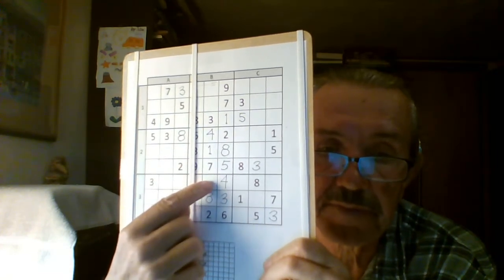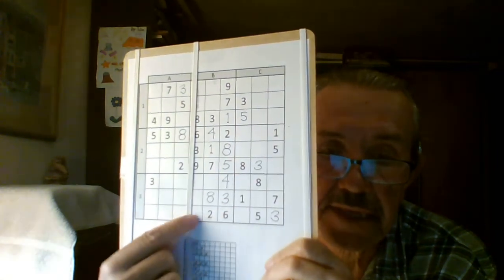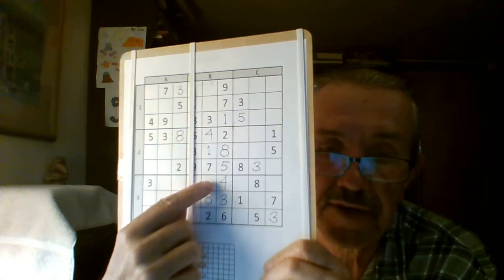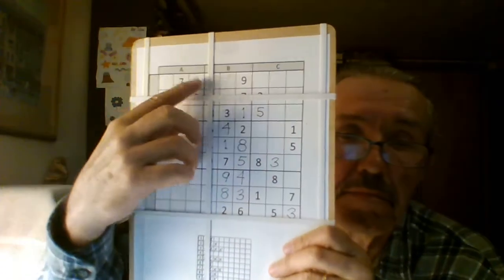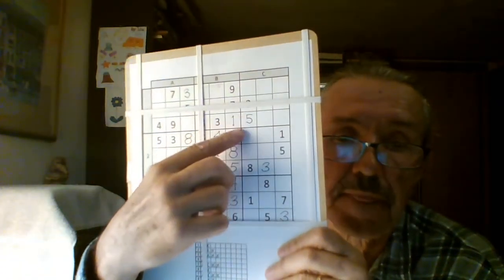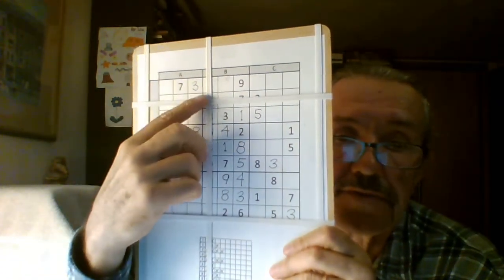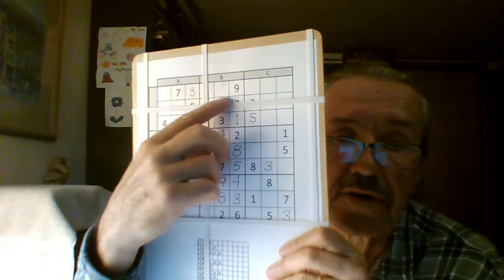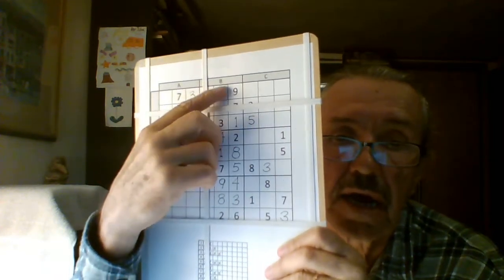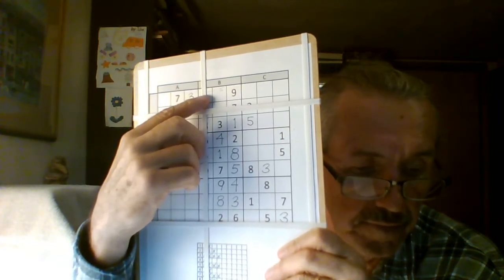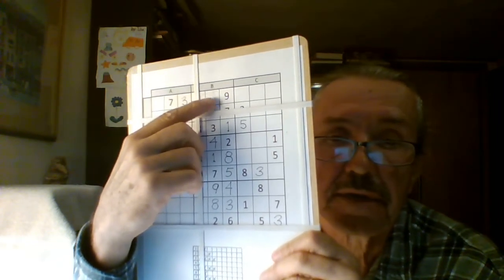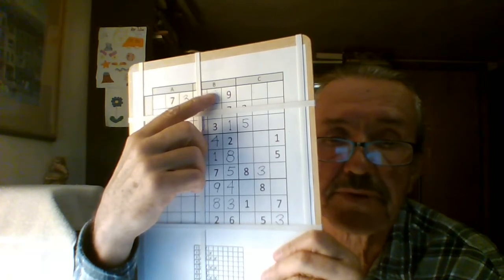There's one available space for 9 in this square over there. B1 square is over there. As you see in this row, location number 2 is over there.